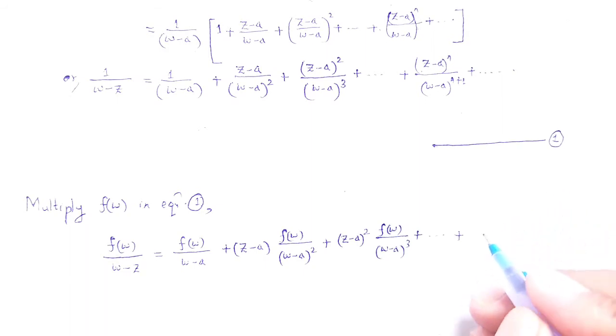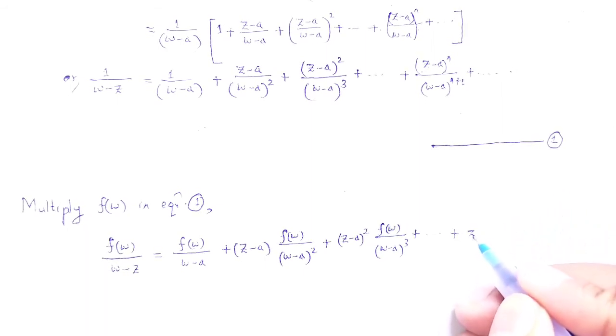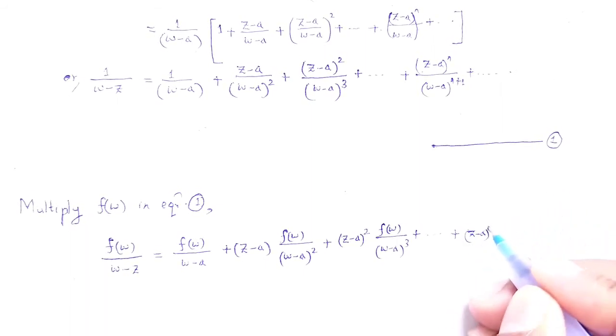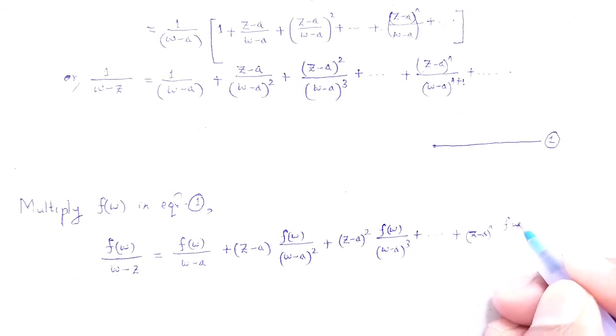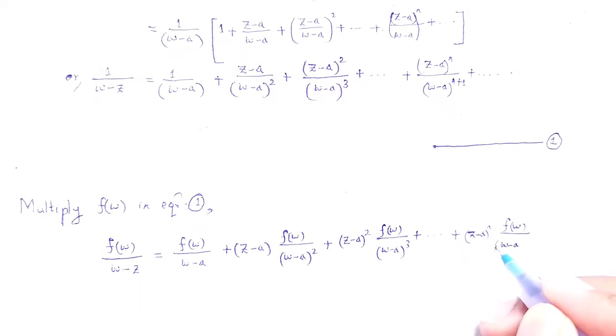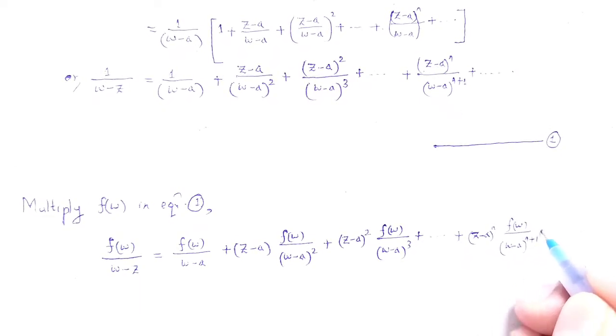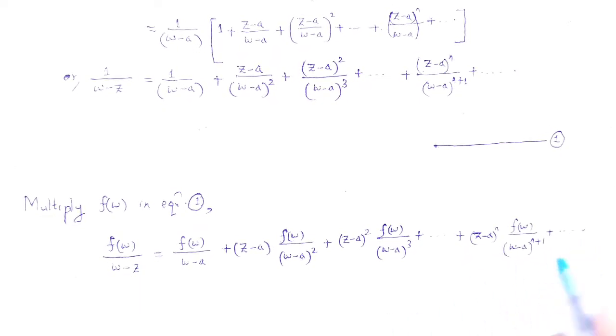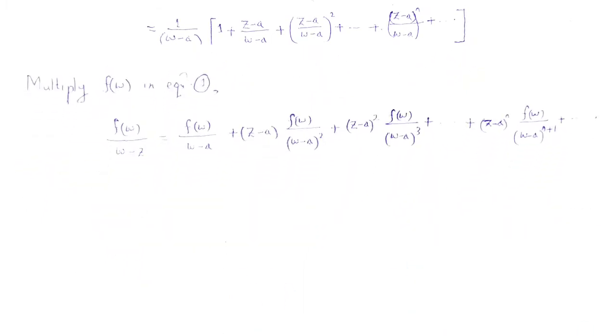In the nth term, (z − a)^n f(w)/(w − a)^(n+1) + ... Now, integrate it.